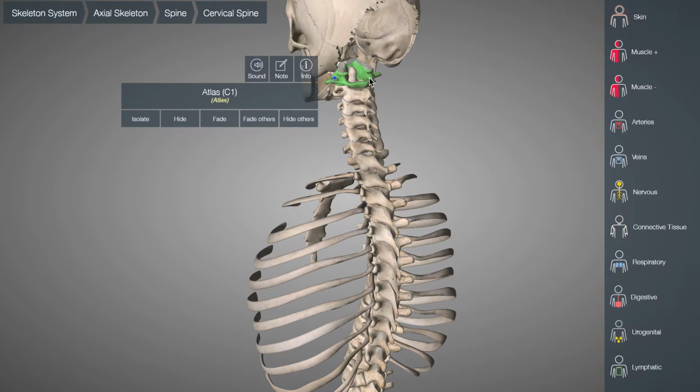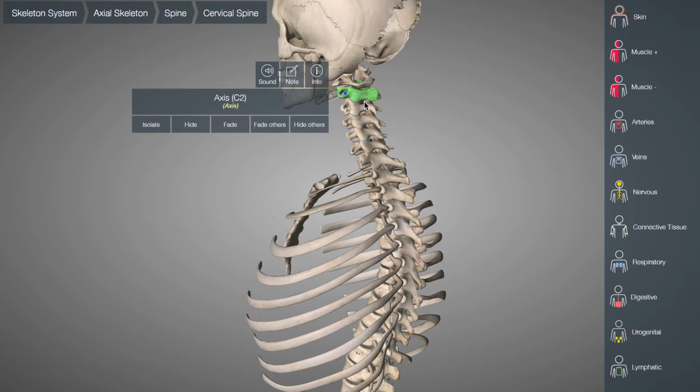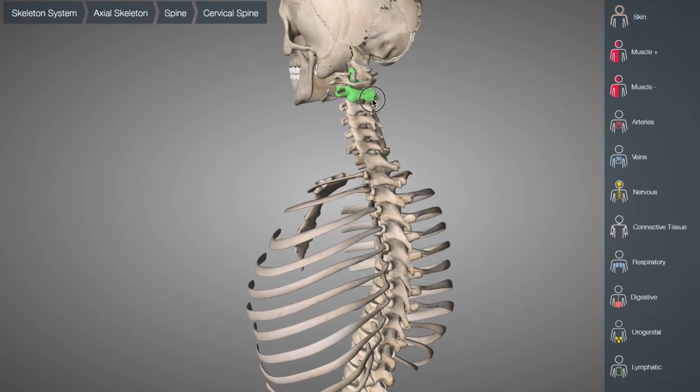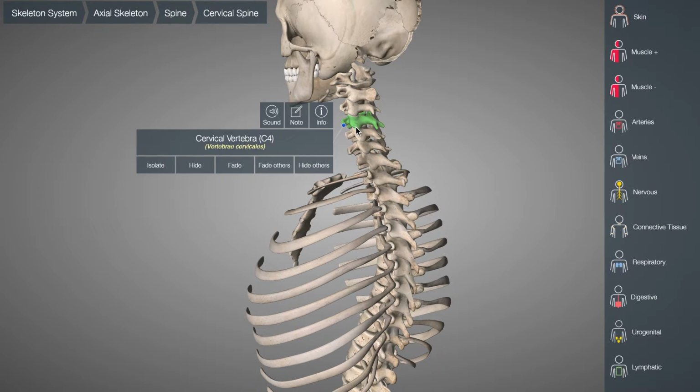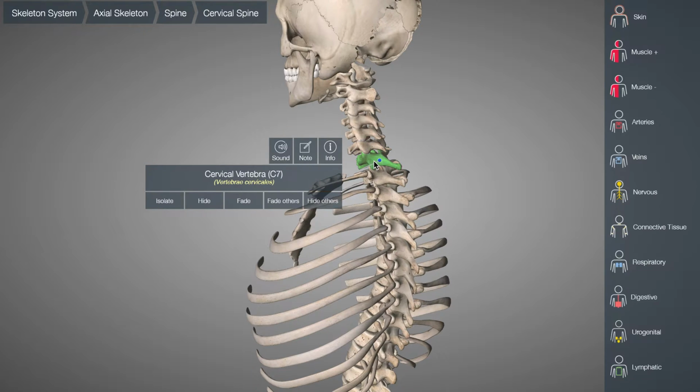C means cervical, referring to the neck, and 1 is obviously the first one in line. So we have C1, which is the atlas, C2, which has that dens poking up right over here, C3, C4, C5, C6, and C7.